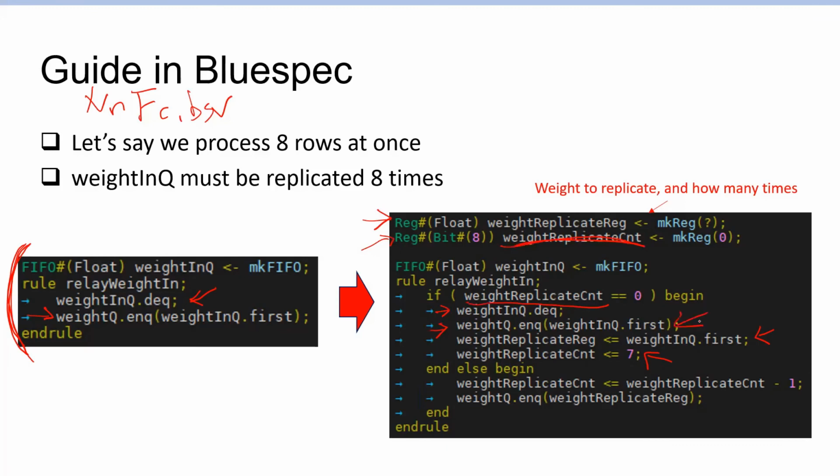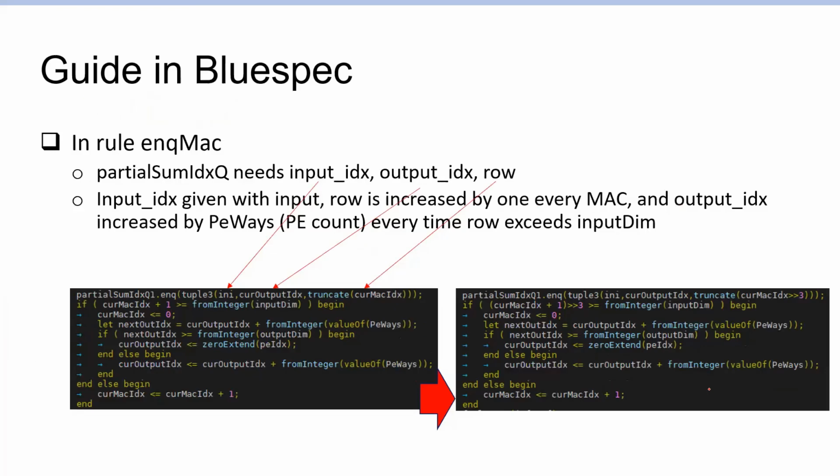We sent out 1 already, so we have to send it out 7 more times. And when weight replicate count is not 0, it goes in here. We just count down the weight replicate count and enqueue the same value 7 more times. So this is how we're going to replicate the weight value 8 times inside each PE. So that happens.